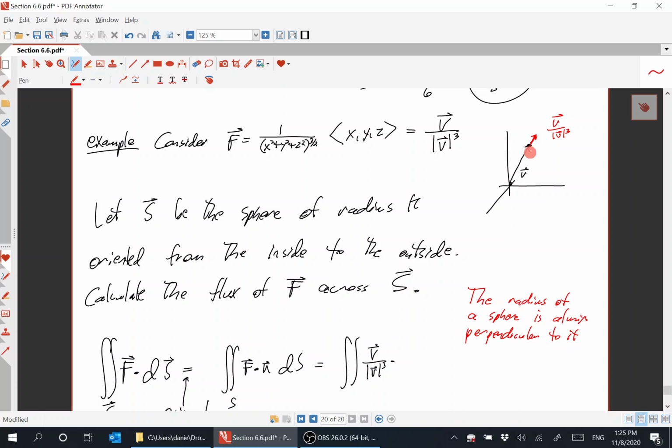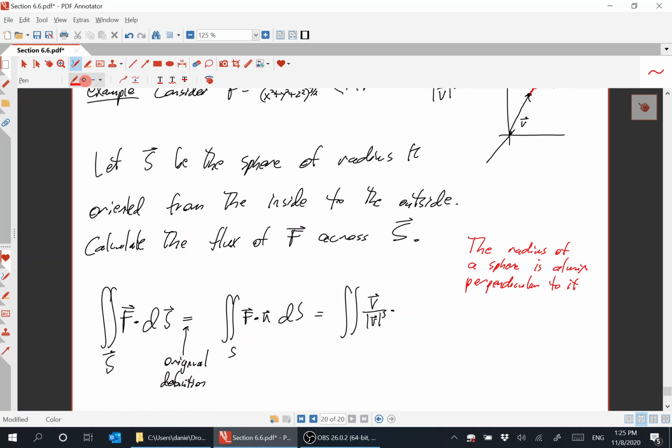So at any point v on the sphere, what is perpendicular and normal to it is v itself. But then you want it to have length 1. So it's v over the length of v, dS.